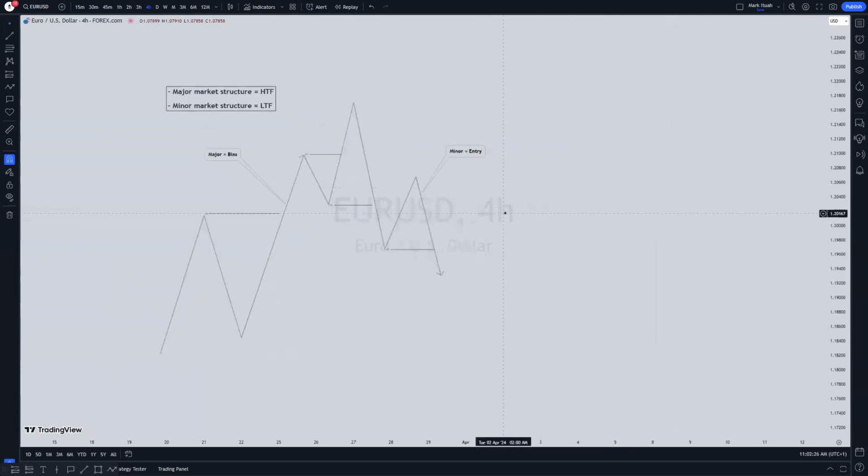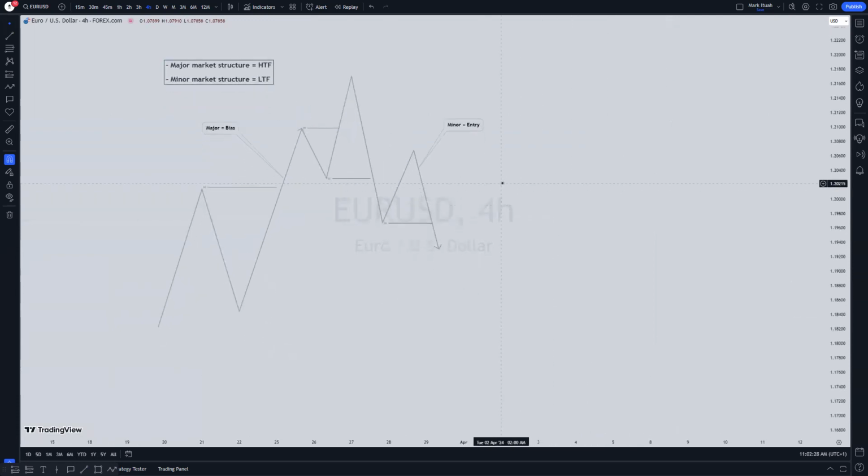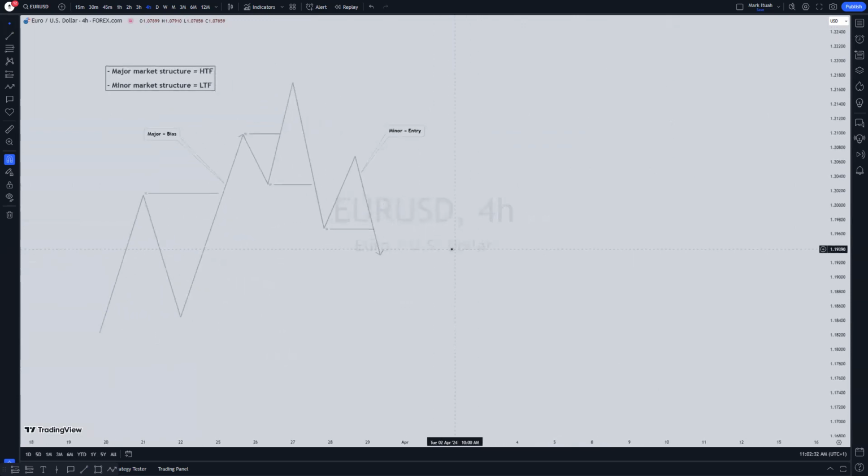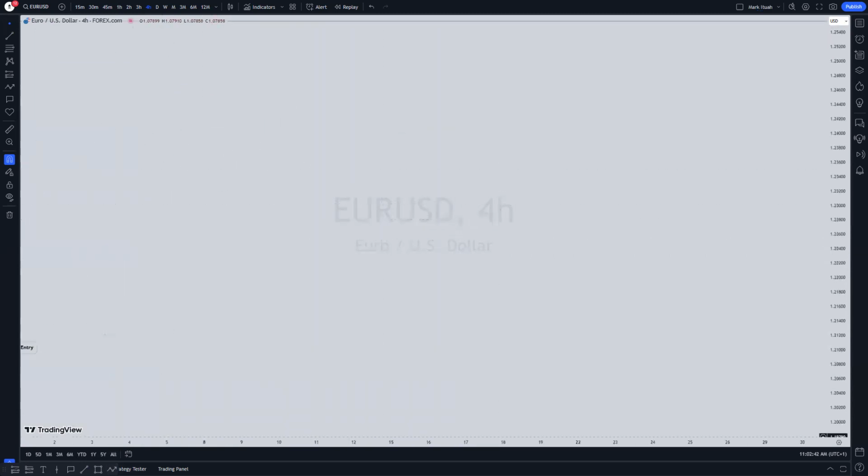So moving further, now I'm going to give you a framework on how you can read and understand market structure better. So let's say, for example, we move this to the side.